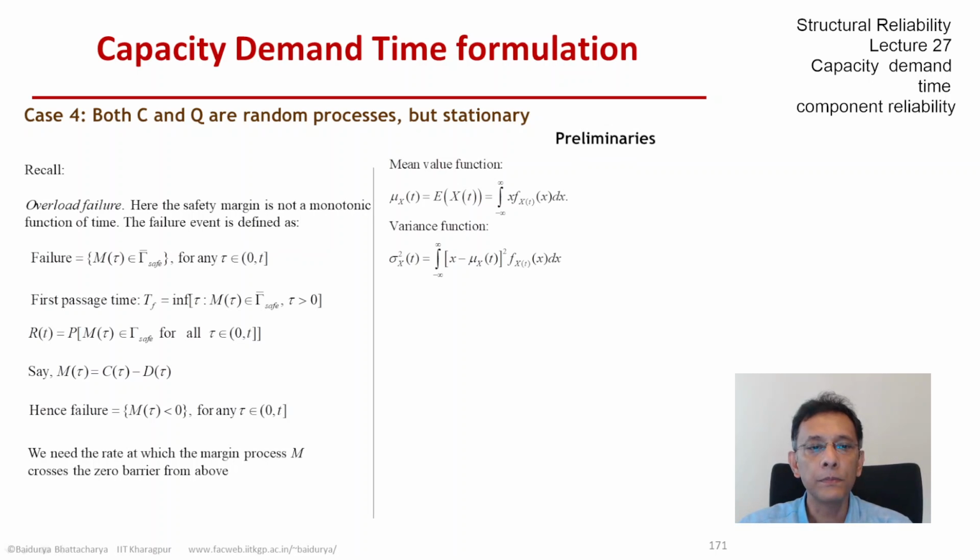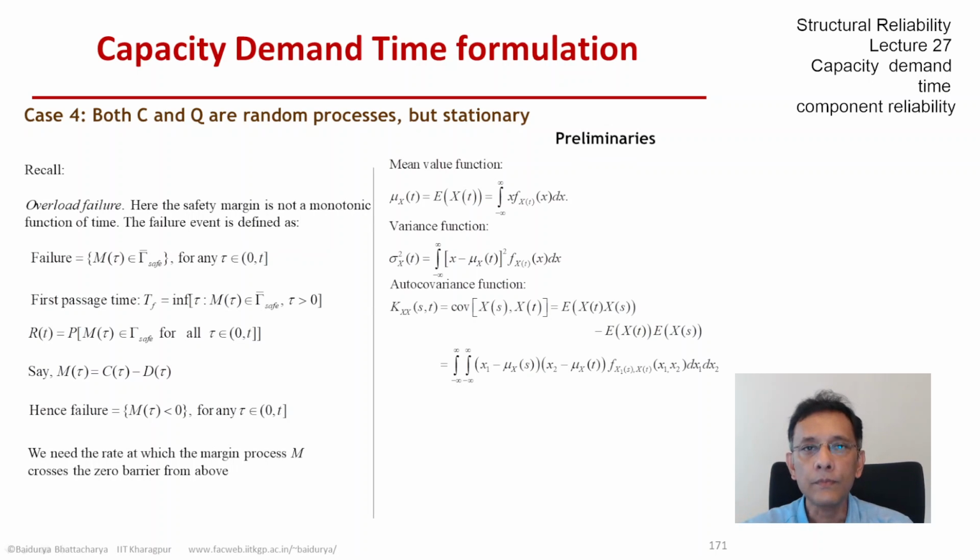Now, I did mention that we would need to find the joint probabilistic nature of two or more of these random variables. So the autocovariance function is just like we have the covariance of two random variables x and y.